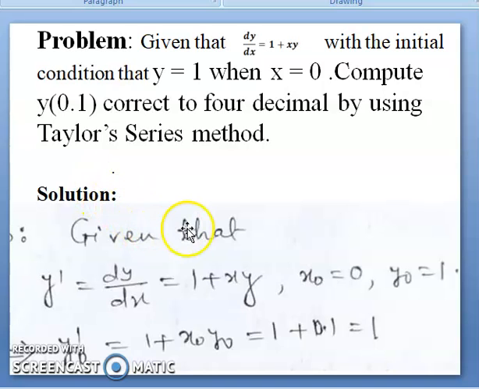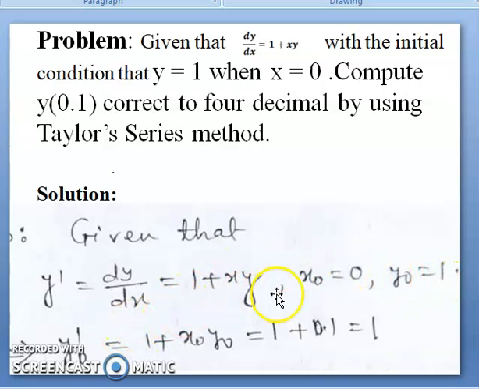Solution. Given that dy by dx equal to 1 plus xy. dy by dx means y dash. So y dash equal to dy by dx equal to 1 plus xy. Here x0 equal to 0 and y0 equal to 1, means initial value of x0 is 0 and y0 is 1.